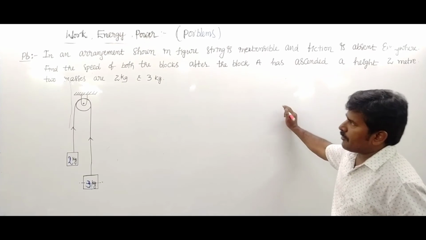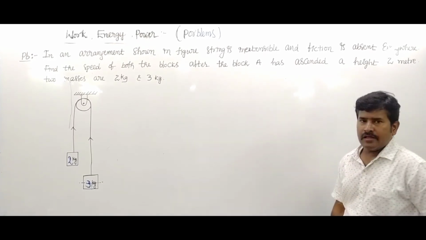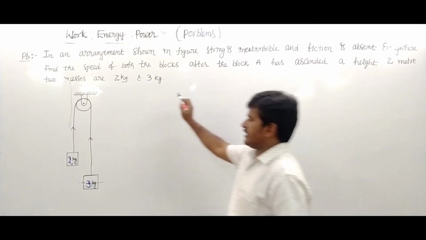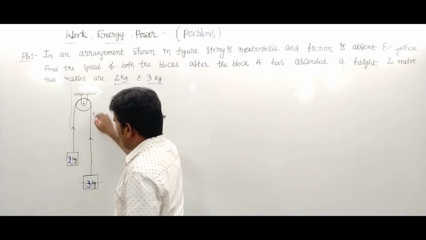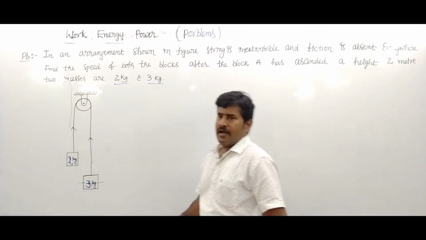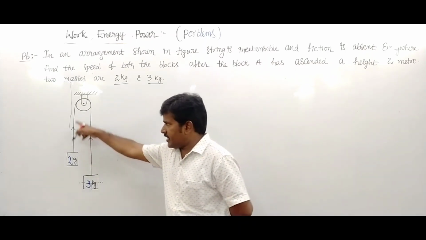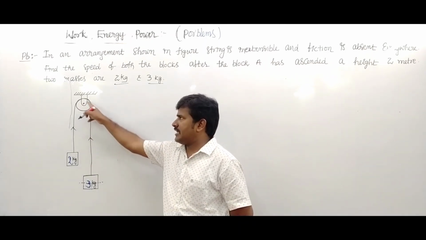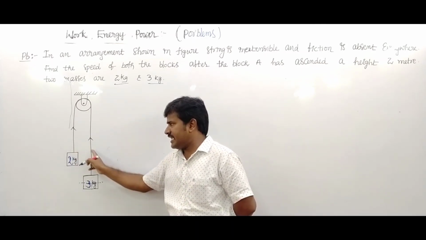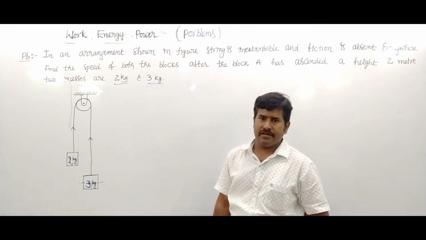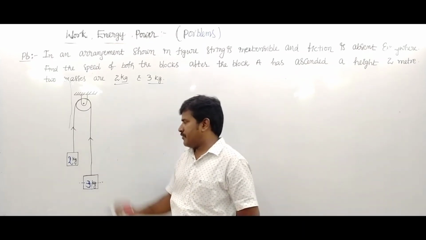In the given problem, two loads of 2 kg and 3 kg are attached to both ends of a string. The string is light and inextensible, passing through a frictionless pulley.